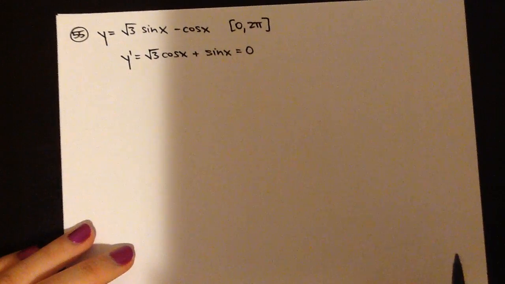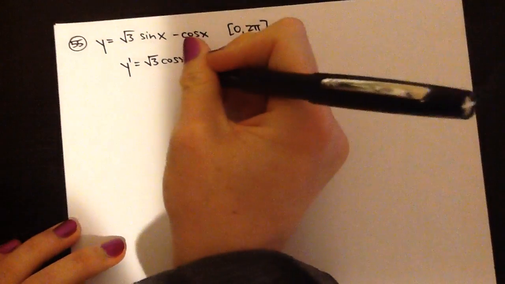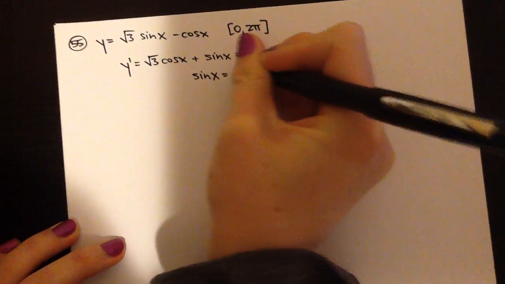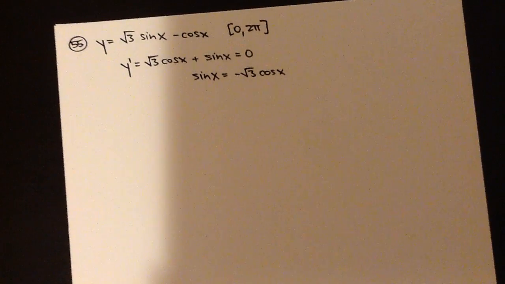I might as well solve for sine. I guess it doesn't really matter. So sine equals negative root 3 times cosine. So thinking of some of those unit circle values, some of your pairs, they're either both root 2 over 2, or one's 0 and one's 1, or negative 1.